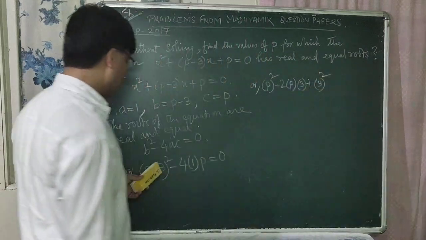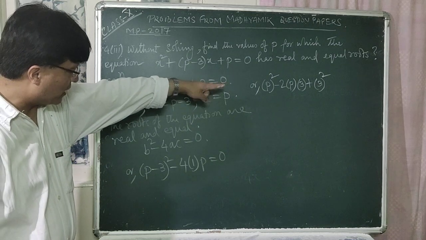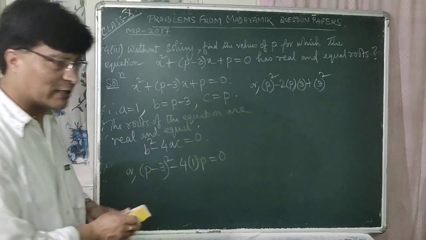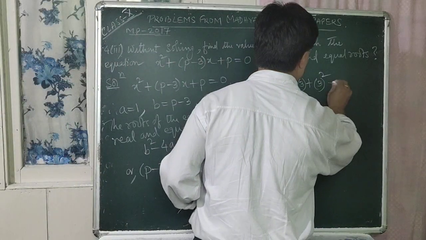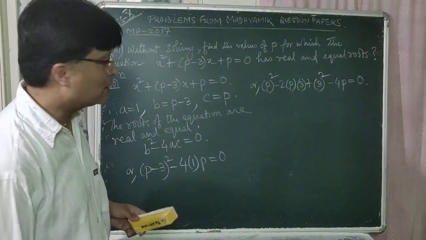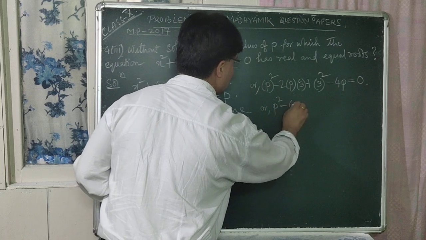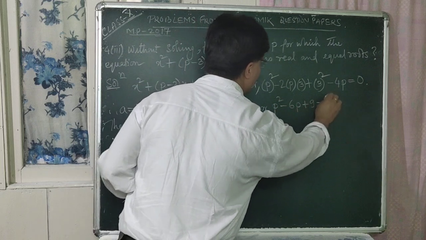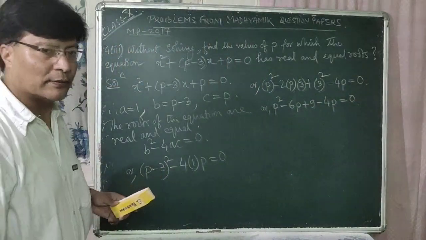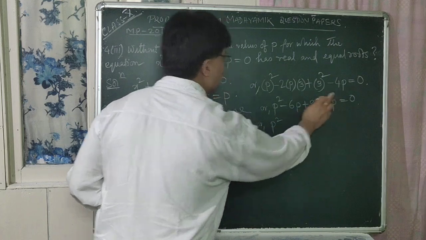So a square minus 2ab plus b whole square: p whole square minus 2 into p into 3 plus 3 whole square minus 4 into 1 into p, that is 4p, which is equal to 0. Right? So let us simplify it. Or p square minus 6p plus 9 minus 4p is equal to 0. Right? Or p square minus 6p minus 4p.